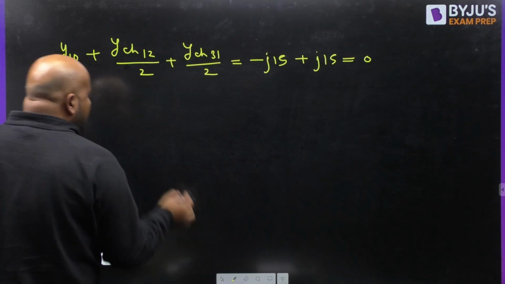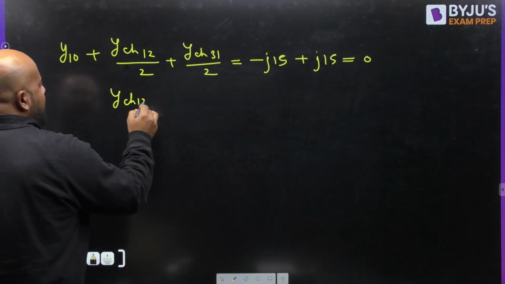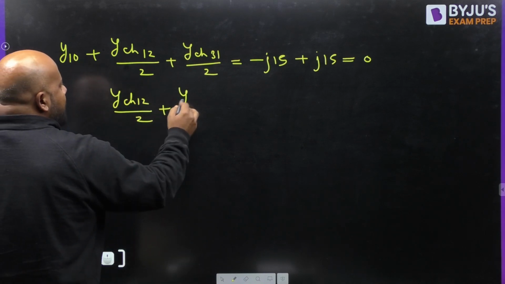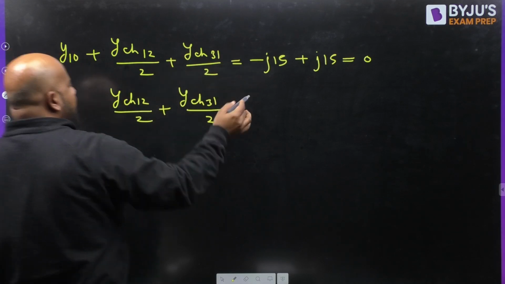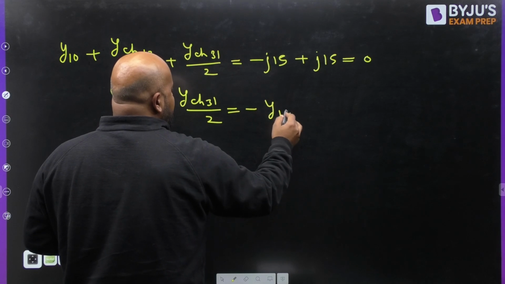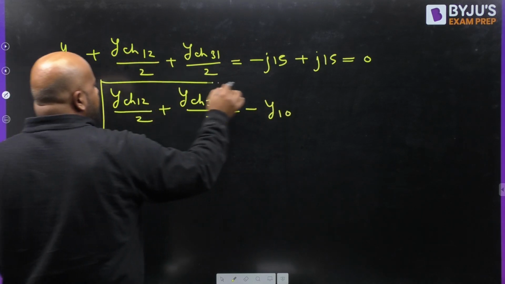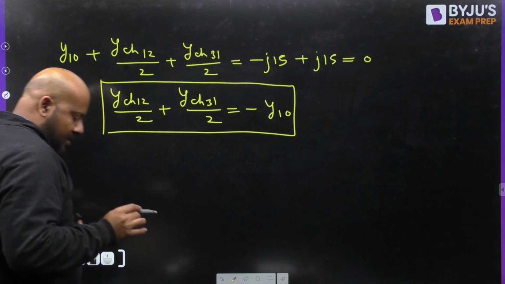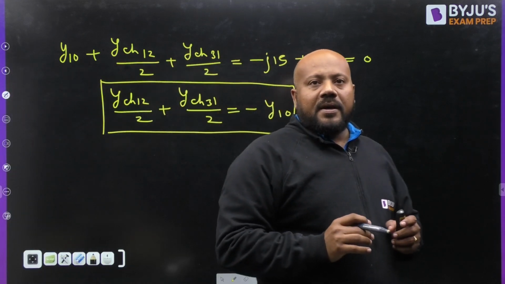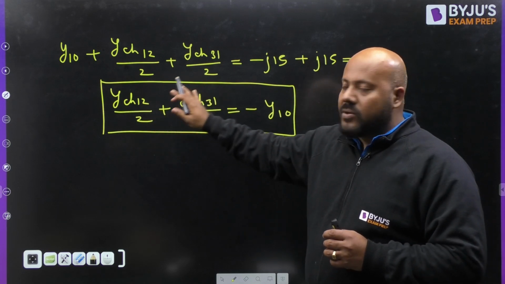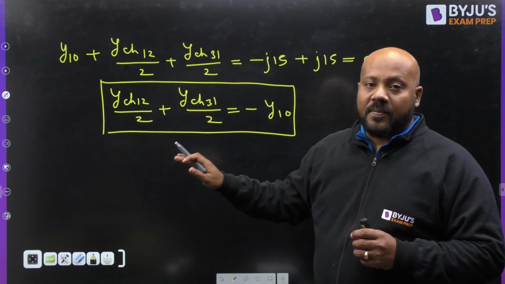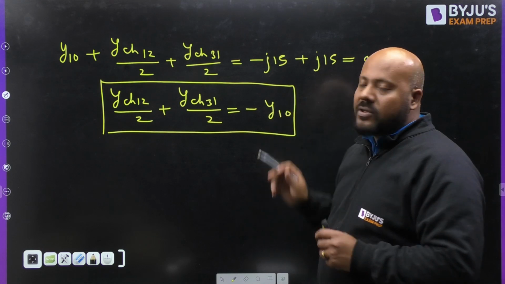understand. Y charging 12 by 2 plus y charging 31 by 2 is equal to, because that is 0, so take y10 to the right hand side, it becomes y10. I want you to focus on this equation. He is saying that line charging capacitances, these two capacitances, must be compensated by this y10.